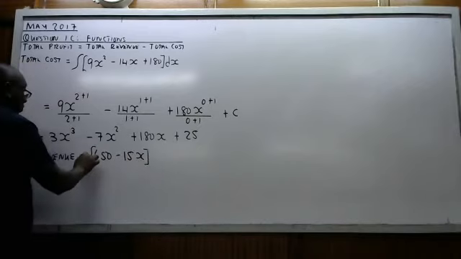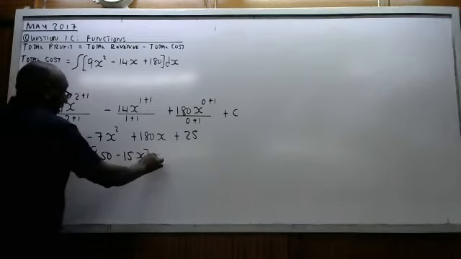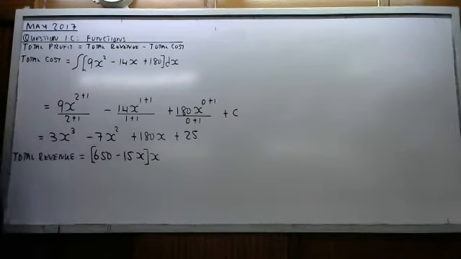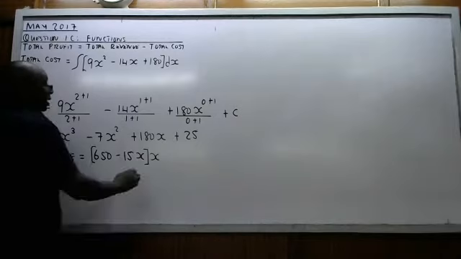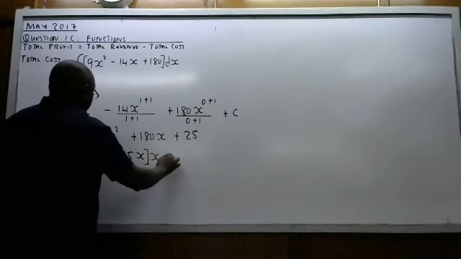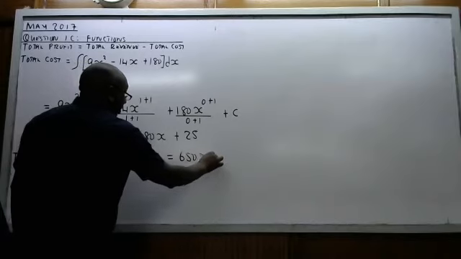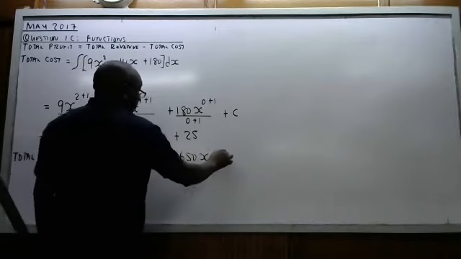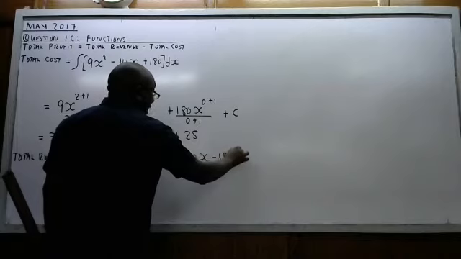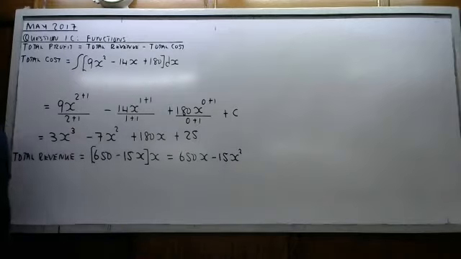So this one we will multiply by x, and it opens up as 650x minus 15x squared.